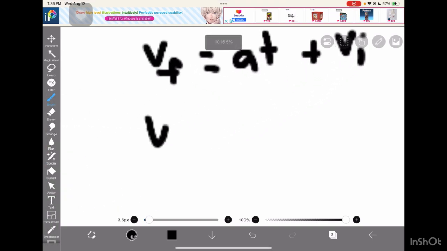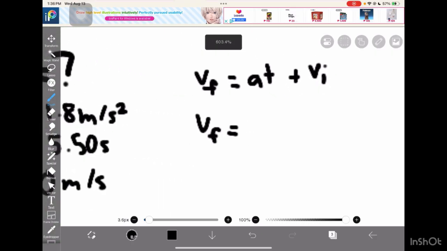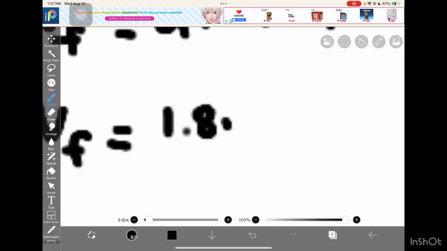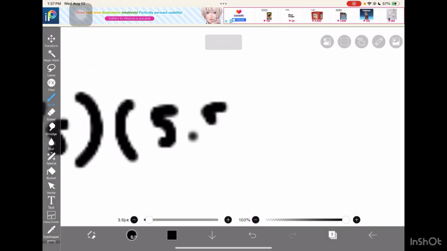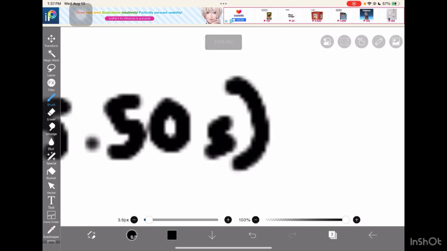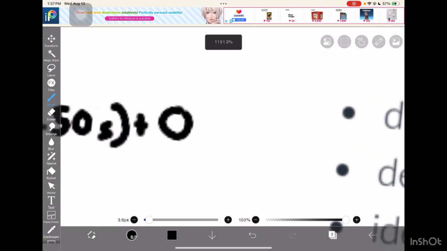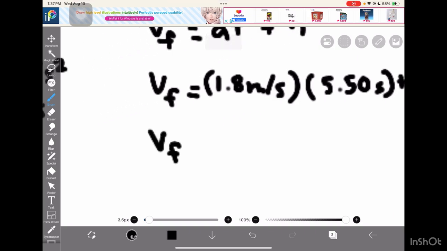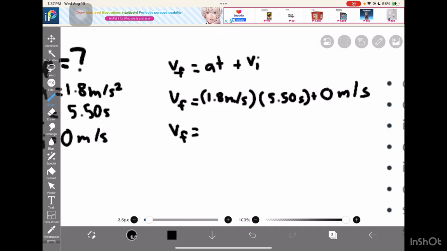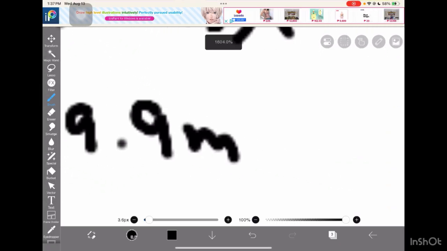So we have v sub f equal to acceleration, 1.8 meters per second squared, times time, 5.50 seconds, plus our v sub i, which is 0 meters per second. So v sub f equals 1.8 times 5.5, which is 9.9 meters per second.